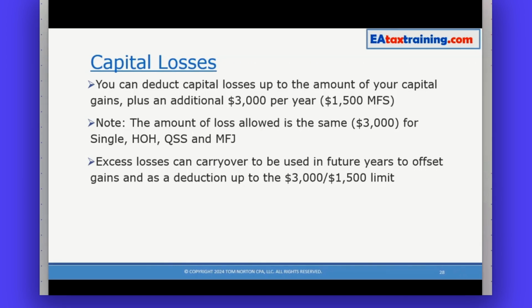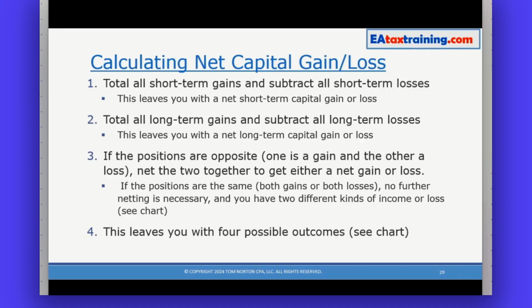That's the maximum net capital loss that you can deduct for the year, and if you're married filing separately, it would only be $1,500. And as we'll talk about later, any excess losses, so in our example the extra $2,000, can be carried forward to future years.